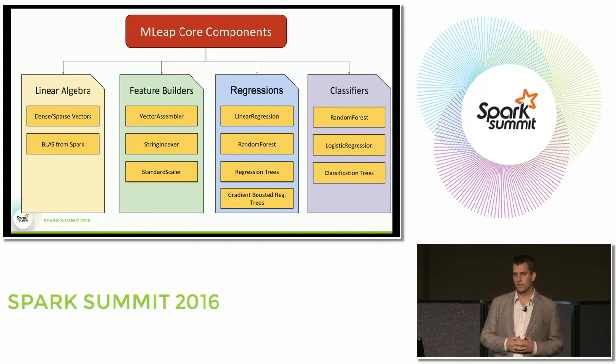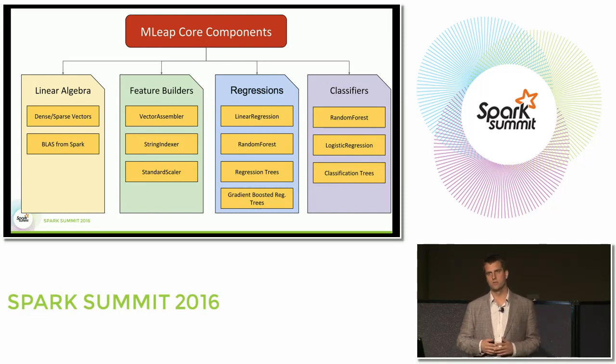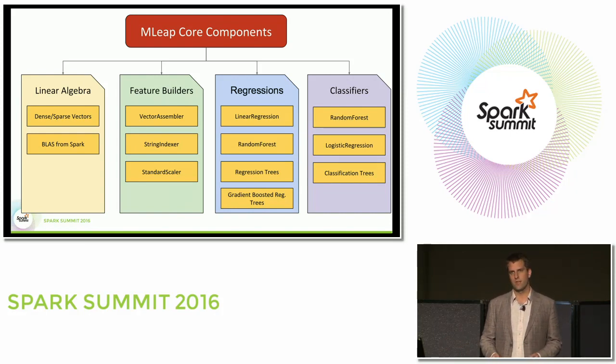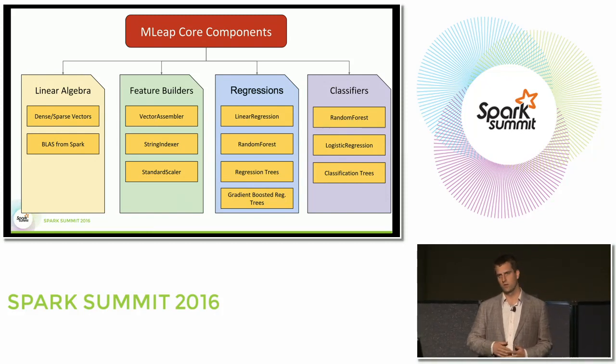It provides feature builders like a vector assembler, one-hot encoders, string indexers, hashing term frequency models, stuff like that. Linear regression models, random forest regression models, gradient boost decision trees, classifiers like random forest classifiers, support vector machines, logistic regressions, all that stuff. So really, MLeap Core is the building blocks for the rest of MLeap, and it's just the simplest versions of these models that you need in order to actually score data with them.